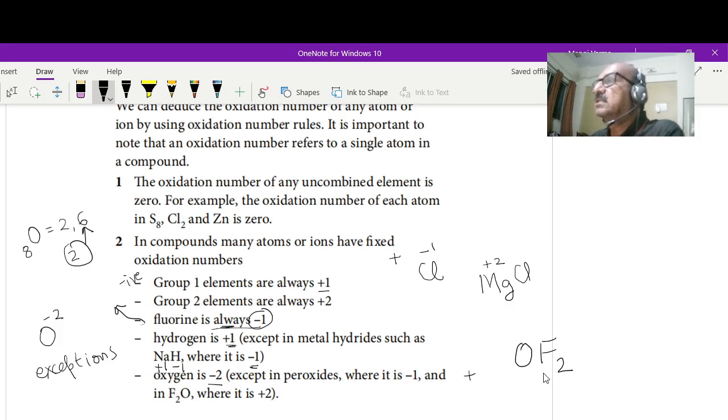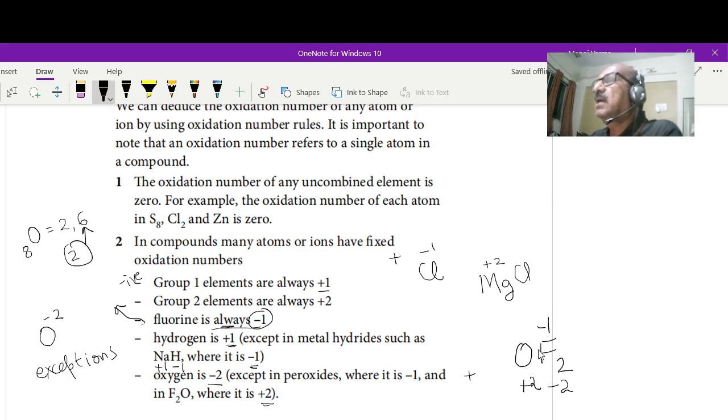This compound exists. We have already said that fluorine always gets -1. So if two fluorines combine together, the total charge becomes -2, and to balance this, oxygen should have a +2 charge. That means the oxidation number of oxygen is +2.